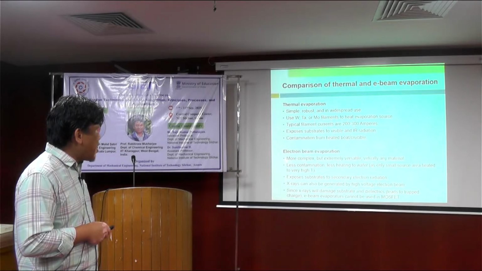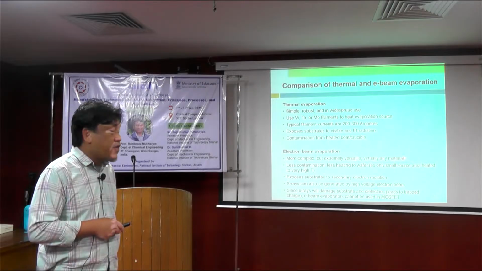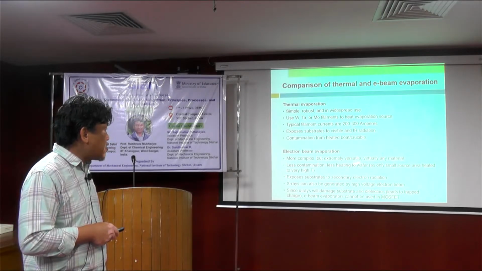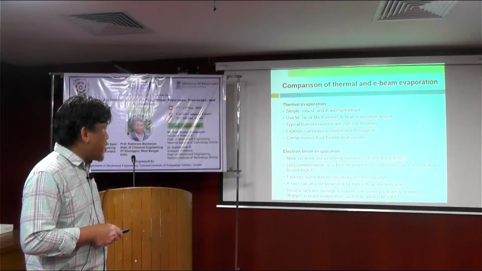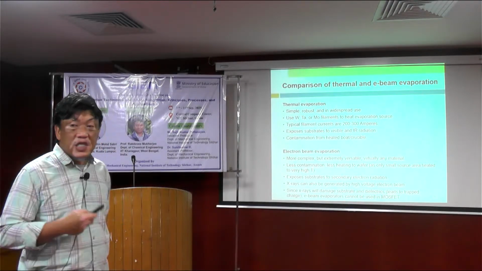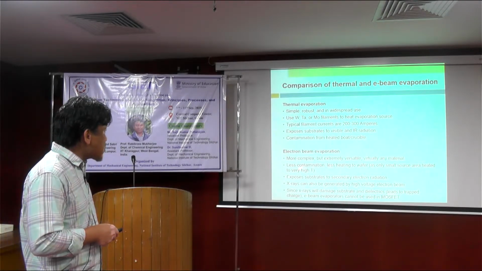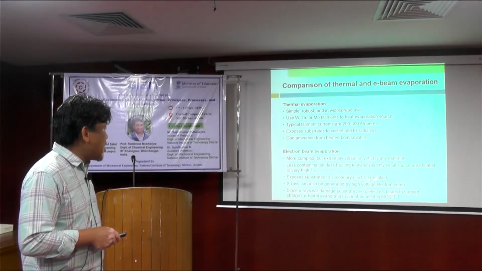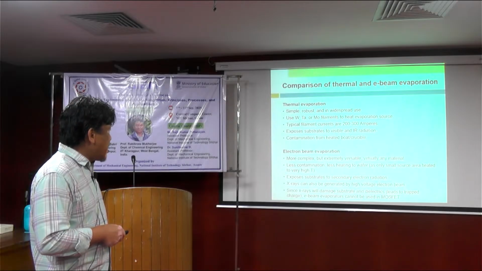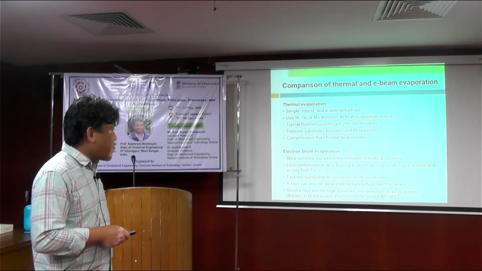In comparison, electron beam is more complex but extremely versatile. You can evaporate many materials, virtually any material, basically up to 3,000 of heating. And there is less contamination, less heating to the wafer, but it exposes the substrate to secondary electron radiation, and X-rays can also be generated by the high voltage E-beam.